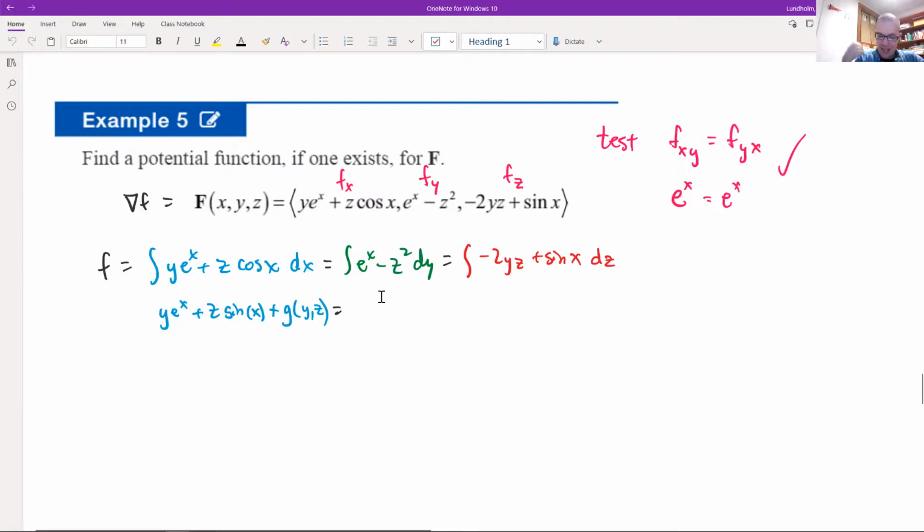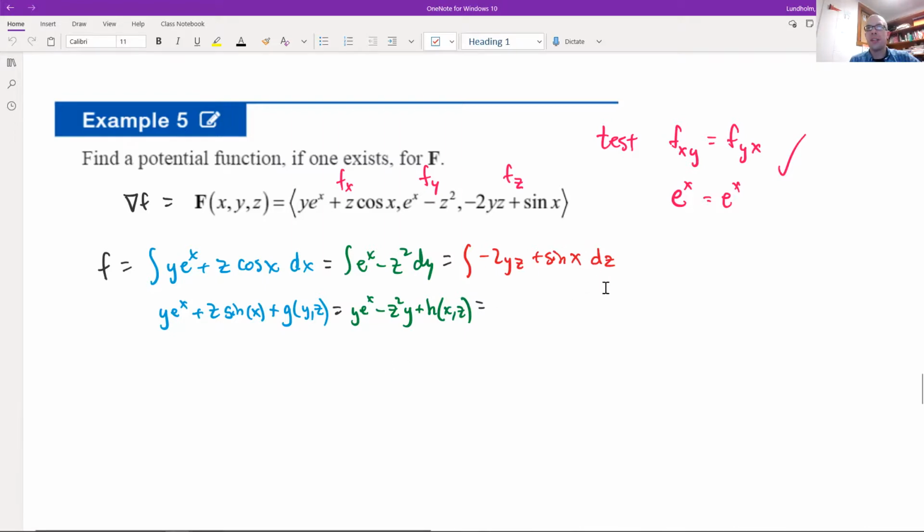Here we are taking the antiderivative with respect to y, and both of those look like constants with respect to y. So I'll just write it like y times e to the x minus z squared y for our antiderivative. And this potentially could be missing some function of x and z that just got deleted when that partial derivative was taken. Okay, last one.